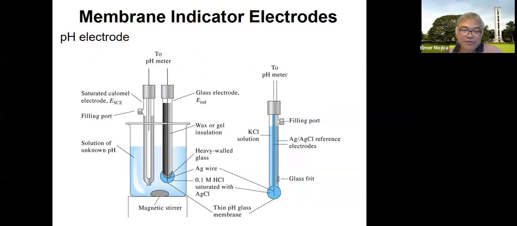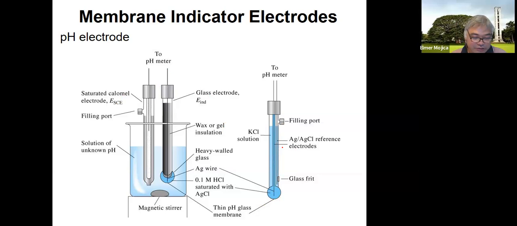There are two types of pH electrode that you can have: one that is a two-electrode system, containing the saturated calomel electrode and the glass electrode, and one that contains everything in one body, the silver electrode and the pH glass membrane that we have here.